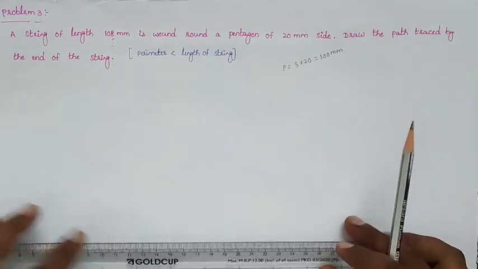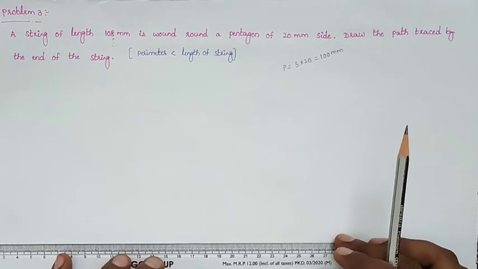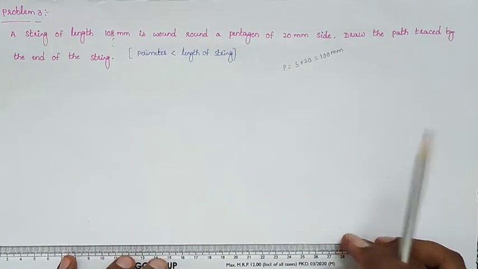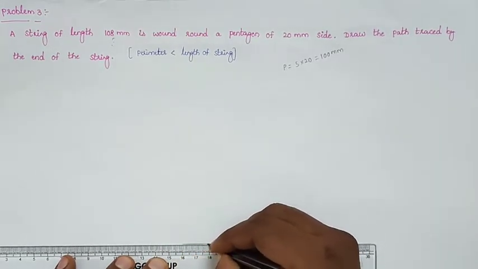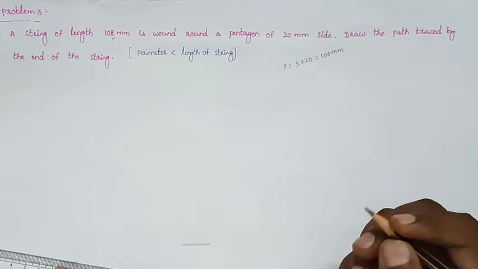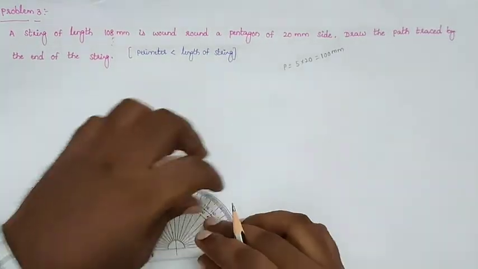Before that, in this method also, first of all we will construct a pentagon with a 20 mm side by following the exterior angle method, taking each angle as 72 degrees.